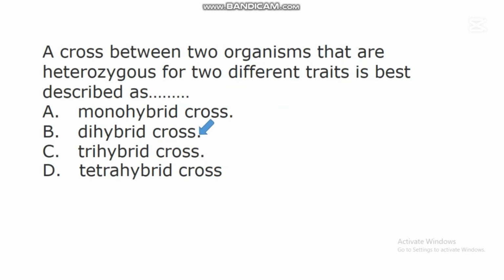Any cross between two organisms that are heterozygous for two different traits is known as a dihybrid cross. Through this dihybrid cross, Mendel discovered many things concerning how genes control traits that move from generation to generation.